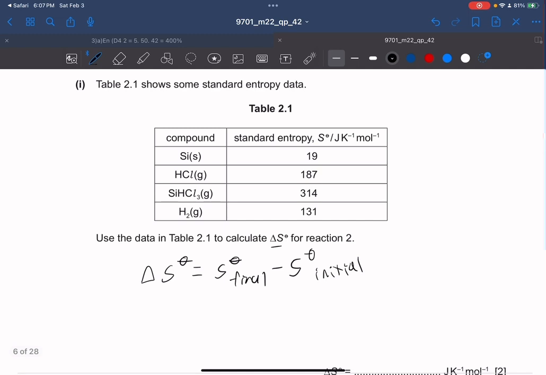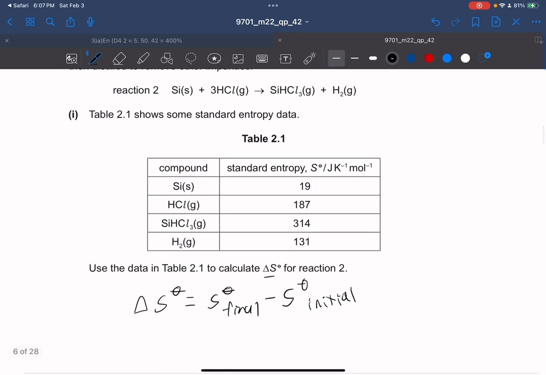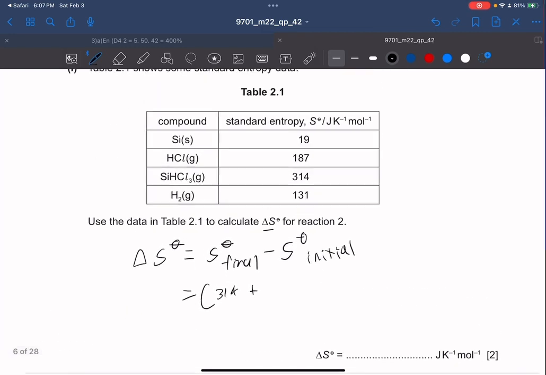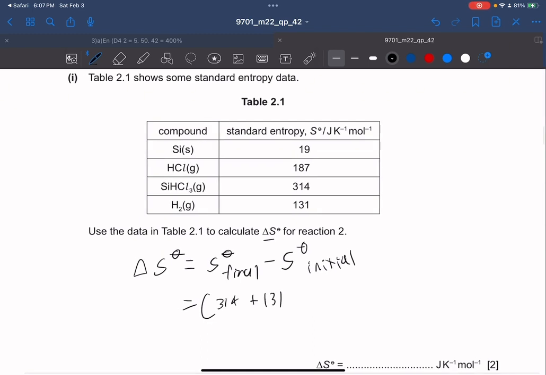So we're going to compare the final entropy to the initial. That's going to be our change. So in the final, we have two compounds. That's going to be SiHCl3, so 314, plus H2, 131, minus 19 plus 187.